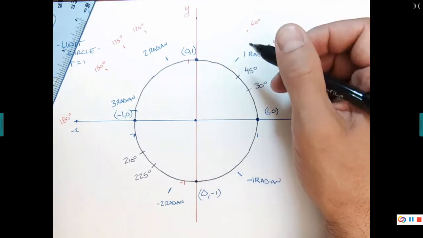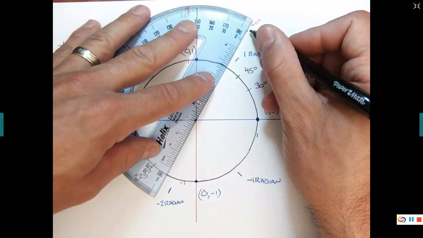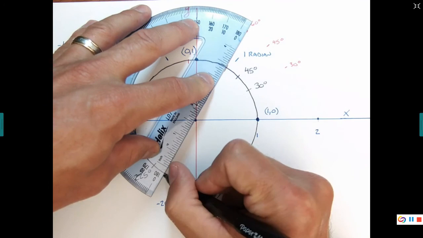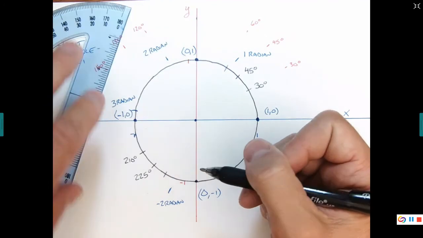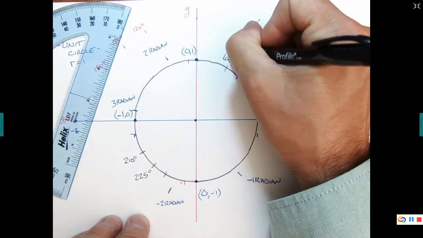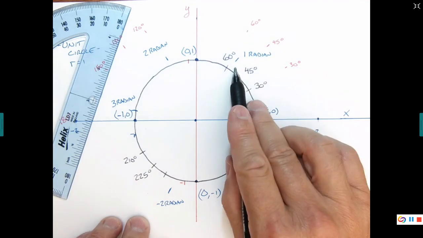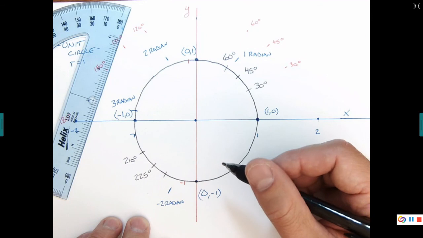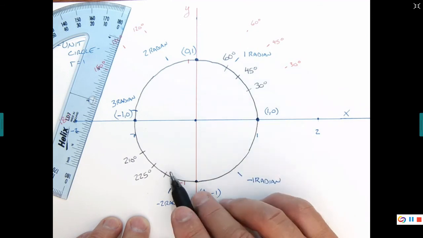Mark off 60 degrees. Here we can see our 1 radian is actually a little closer to 60 degrees than it is to 45 degrees. That little mark in there. Well, what's this one here?